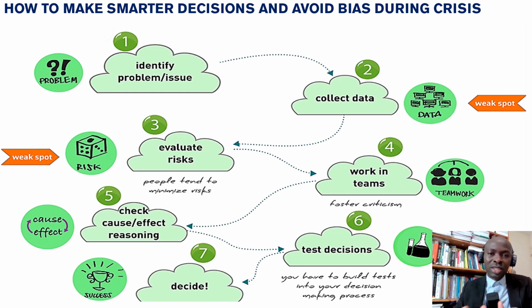And then of course you can assign responsibility to teams and try to work out some of the possible cause and effect. And of course you test whatever decision you've now arrived at, and you can then decide finally and make that bold decision as well.